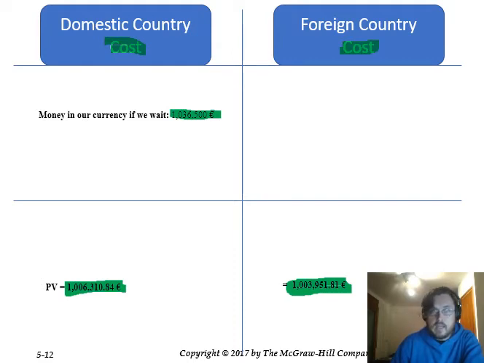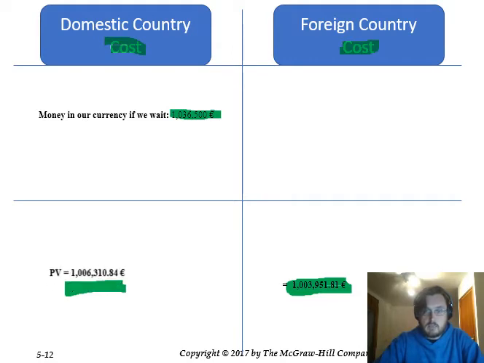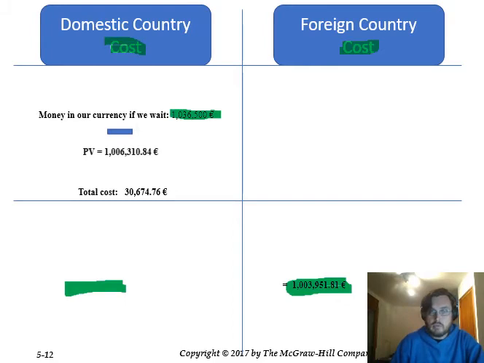So where do we get the cost for the domestic country? Easy. The cost for the domestic country comes from the difference between the money that we get if we wait and the money that we can get today. So that's the 30,600 euros cost.